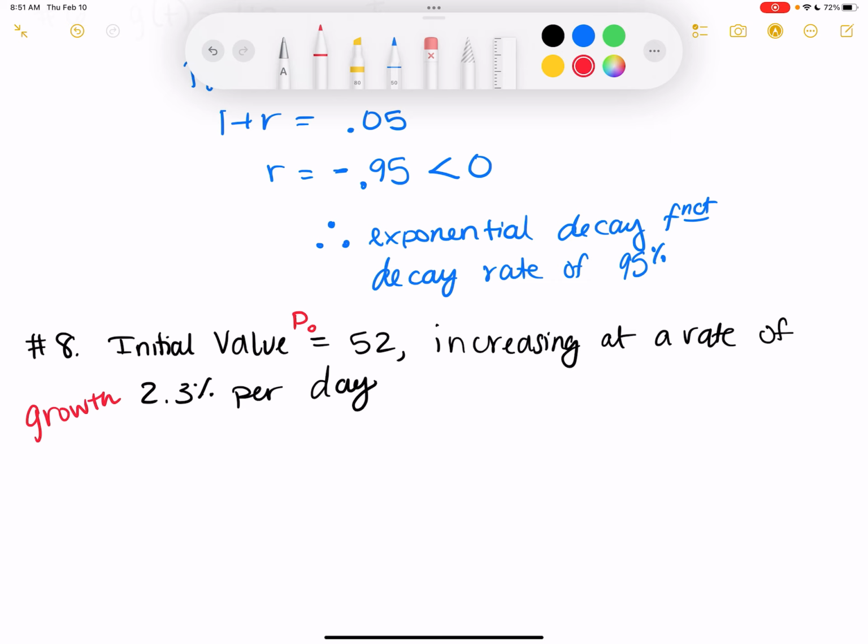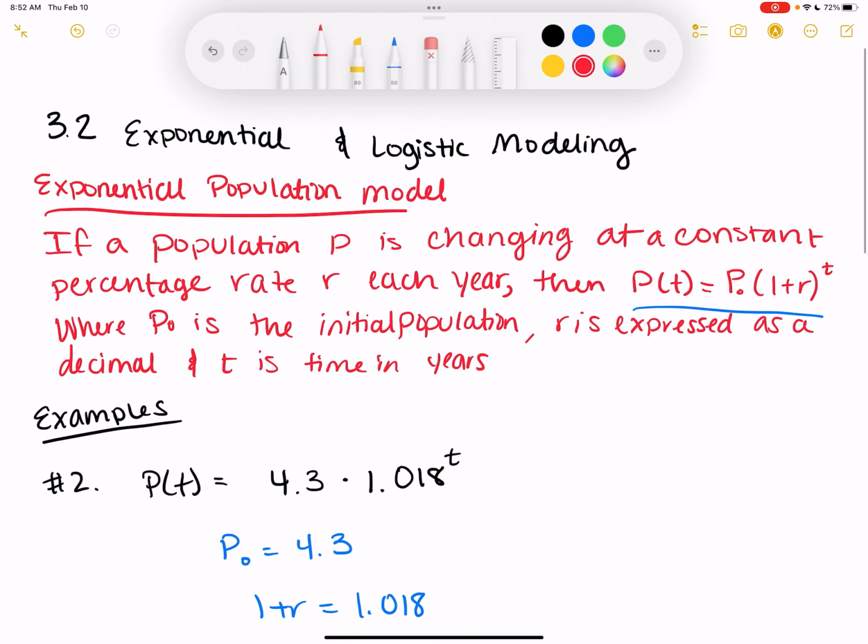And then the rate of 2.3% per day, what is that as a decimal? 0.023. Now, that's not 1 plus R. It is R. It's R, it's not 1 plus R. So we'll have to also find that because we want to write it back in this formula up here underlined in blue.